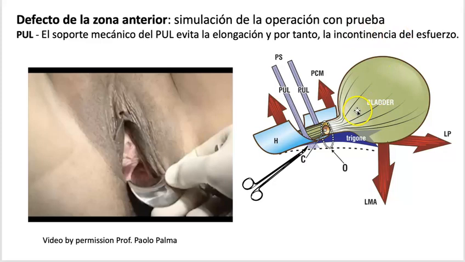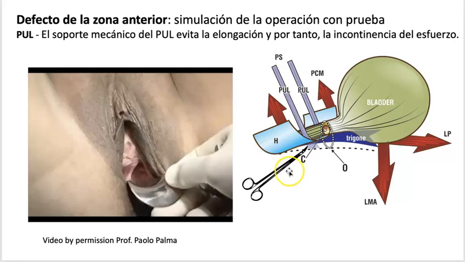I will now say it in English. Here is a diagram of the bladder, the urethra, and normally it is closed, C closed, O open. If the pubourethral ligament is weak or loose, on coughing or straining, it extends downwards, and it means that the posterior muscles now can pull open the urethra, and when the patient coughs, the urine runs out.